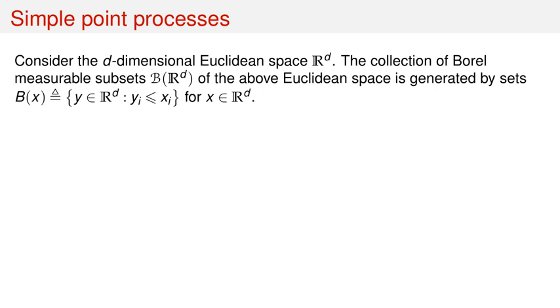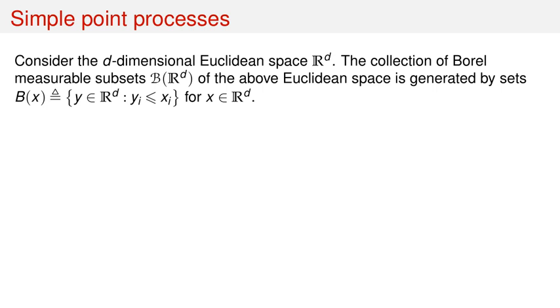Let's begin by considering the d-dimensional Euclidean space denoted as R to the power d. The collection of Borel measurable subsets of this Euclidean space, which we'll write as script B of R to the power d, is generated by sets of the form B of x.